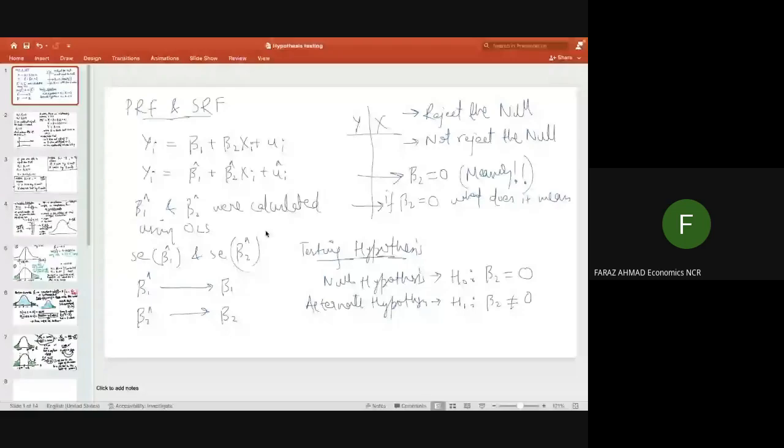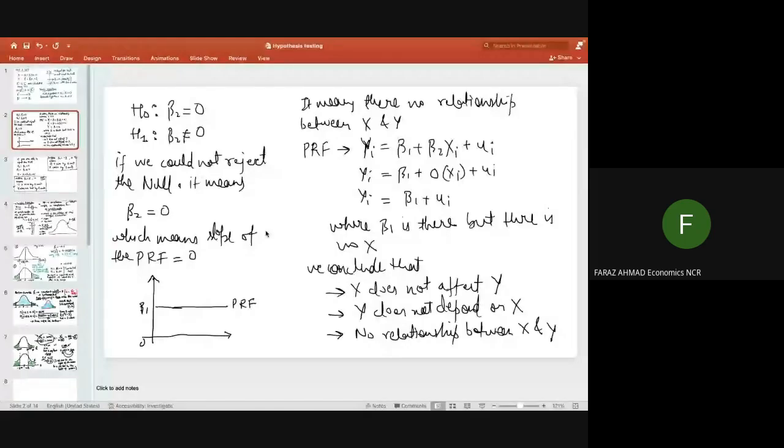So when we are making this type of alternate and null hypothesis, what we mean is that if the null is rejected, that means our alternate is true, which means that beta 2 has a finite value. That means x affects y.